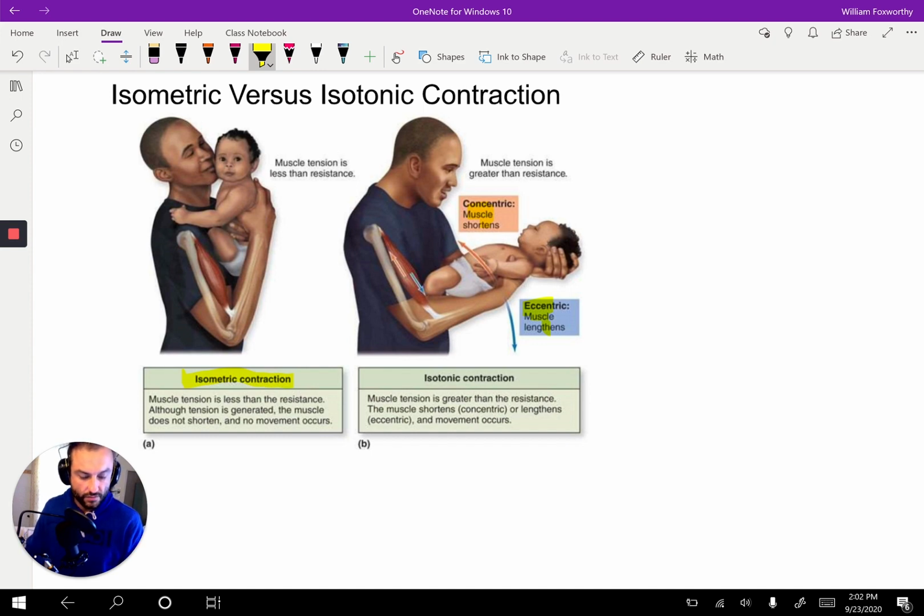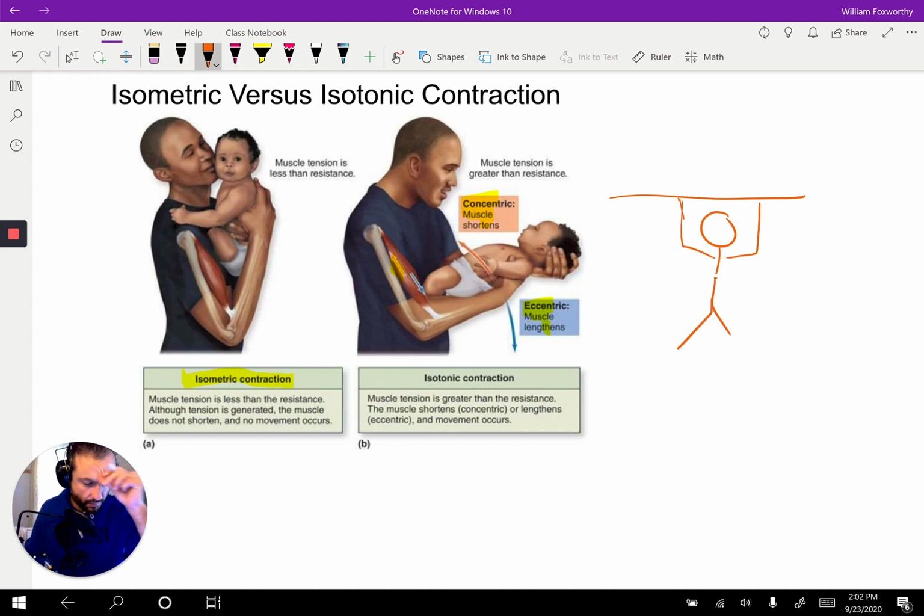So in a concentric muscle contraction, you shorten the muscle, and in general you shorten the angle between your bones. And in an eccentric contraction, the muscle lengthens. And to give you another example of concentric, that's a great picture.